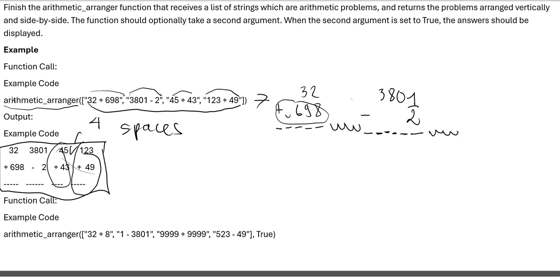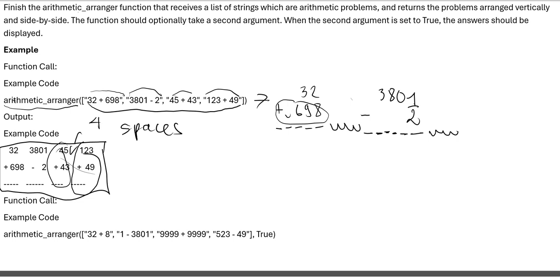So let's say we have four example problems, 32 plus 698, and then so on. This is a single line format, and our job is to print it out in a vertical format.